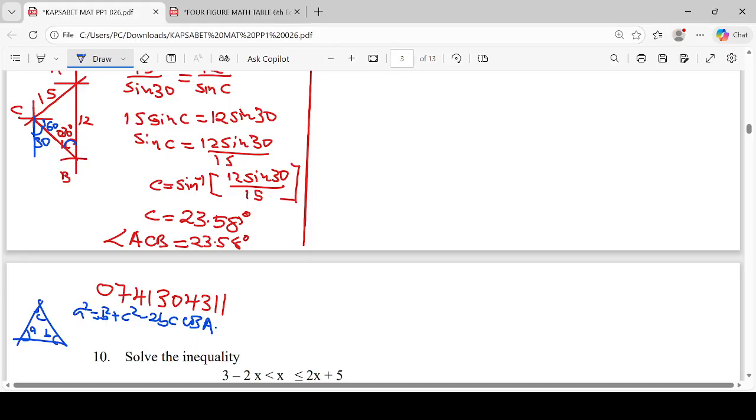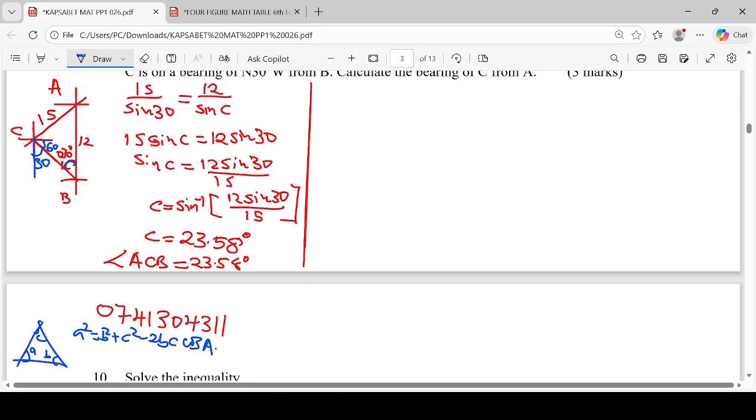I'm trying to see the side that we don't have, because this went to the north, this is west, so this is 90, this 15, we don't have that angle.